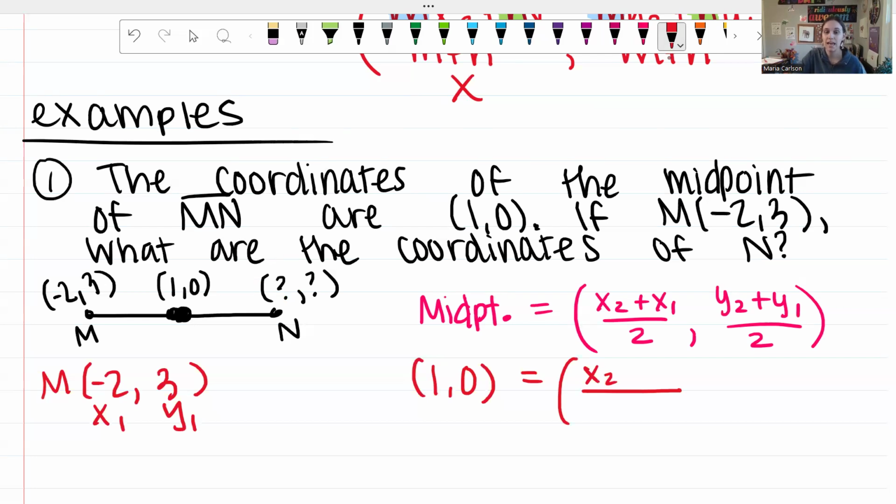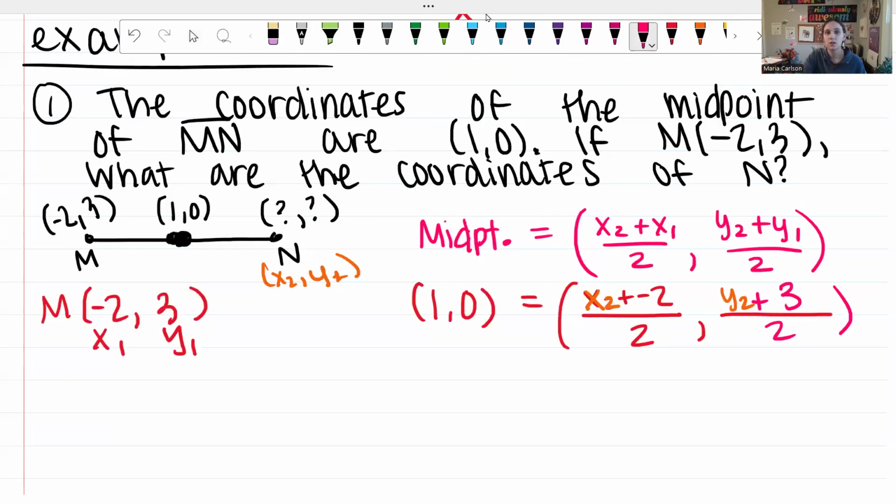That's going to be n. N will be whatever x2, y2 are. So I have x2 plus our x1, which is -2, divided by 2 to give us our x coordinate, which we already know is 1. And then the y coordinate, we don't know what y2 is. Whatever it is, it was added to y1, which is 3, and then divided by 2.